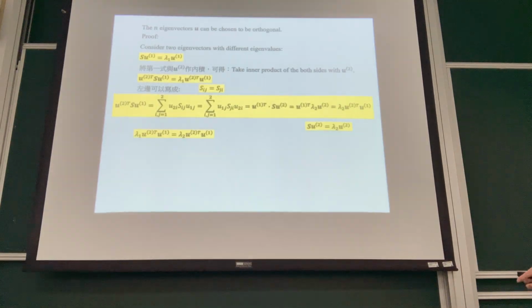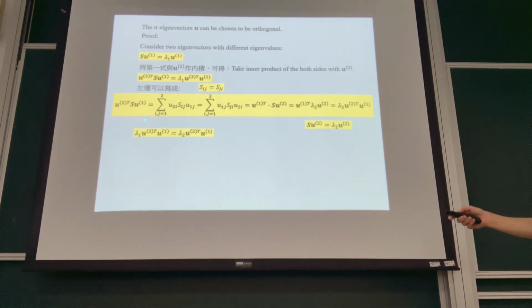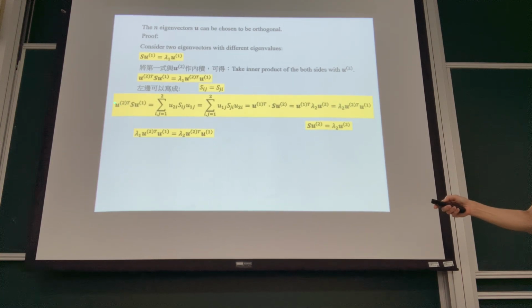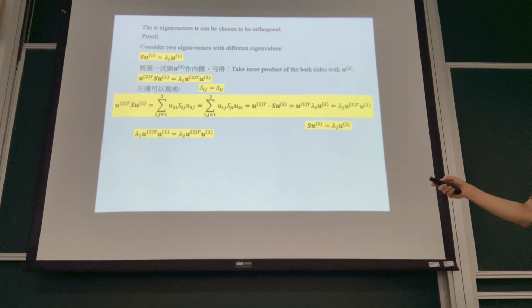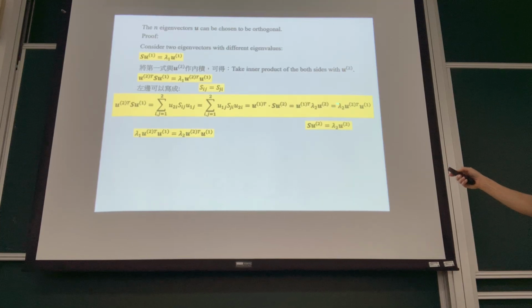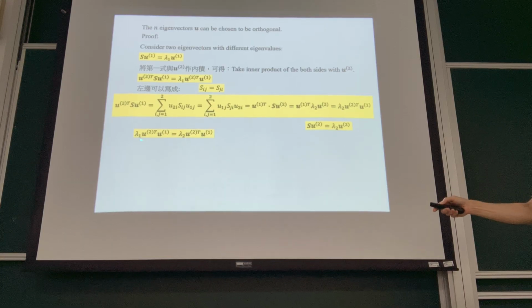Okay, so what we got? We got this equal to this. But I have already proven this form equal to this. Ladies and gentlemen, then on the right-hand side are two expressions: lambda 1 times this, lambda 2 times this.